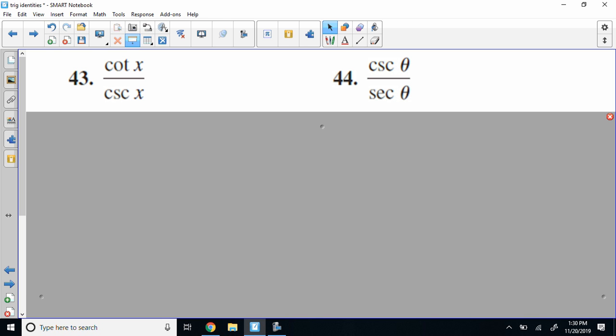It's also 1 over tangent, correct? But that's all we know about cotangent, correct? That's all we can do with that. Look at cosecant. What can we do with cosecant? 1 over sine, right? Okay?